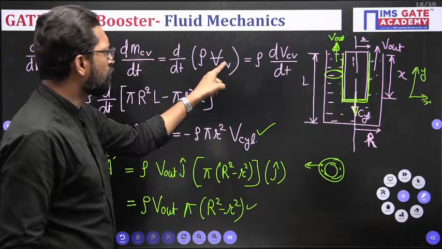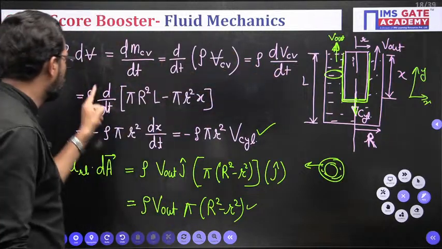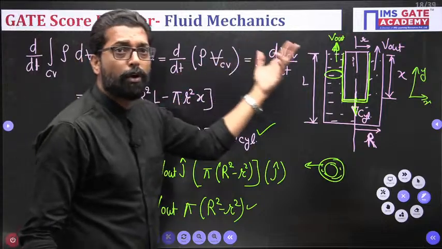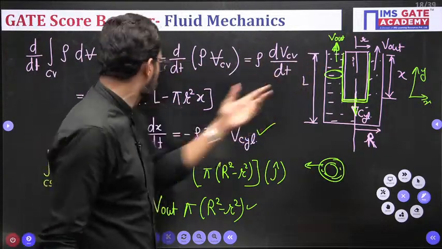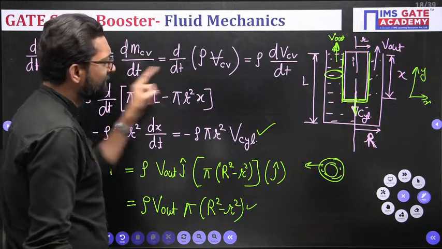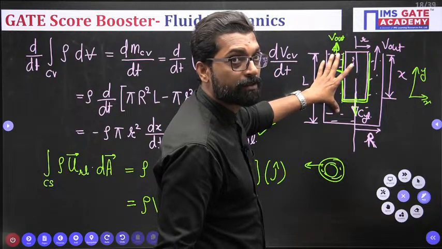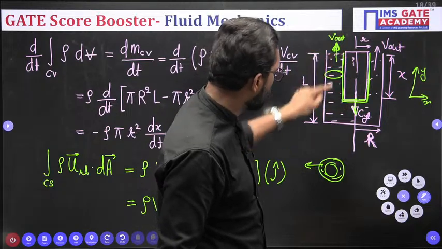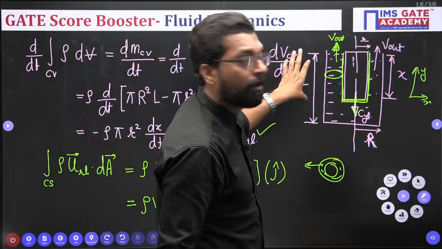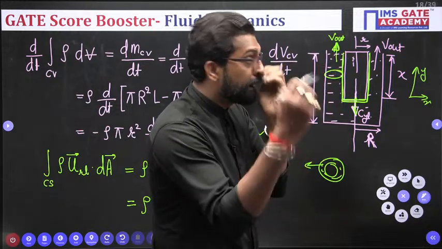Rho into control volume, so rho d CV by dt. You have to take rho outside. And how is the control volume changing? What is the initial control volume? This is the initial control volume. That means the change in control volume is the length L of the control volume minus x length of the control volume. So that is the net control volume.